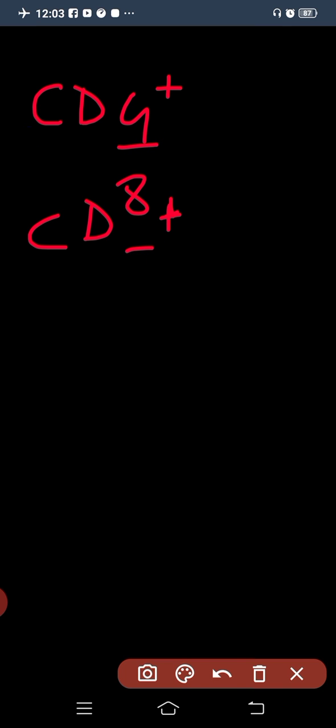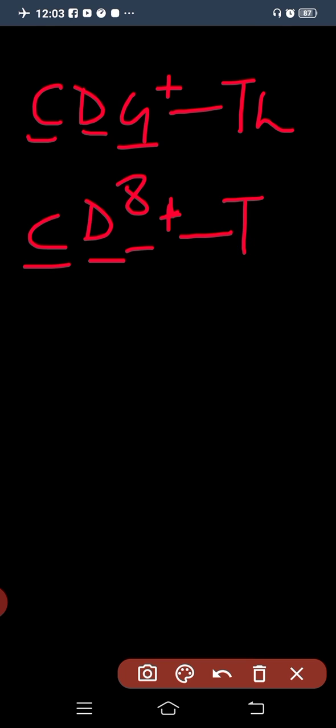That is CD, C for cluster and D for differentiation, not C for cell. So cluster of differentiation is the short name. So CD4 is present on the T helper cell and CD8 is on the cytotoxic T cell. Is it clear?